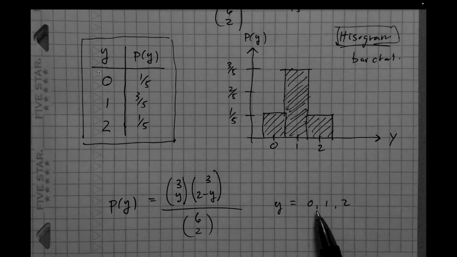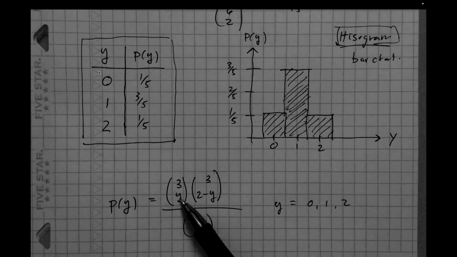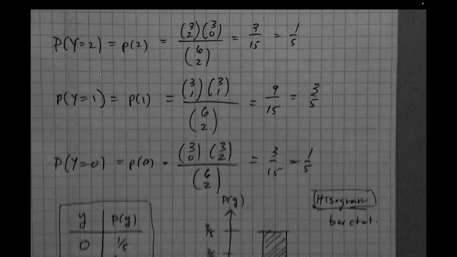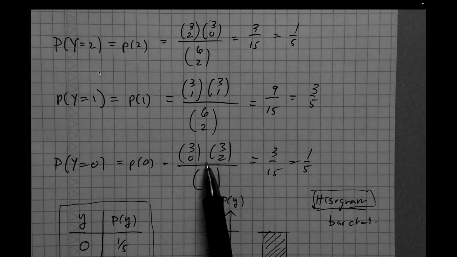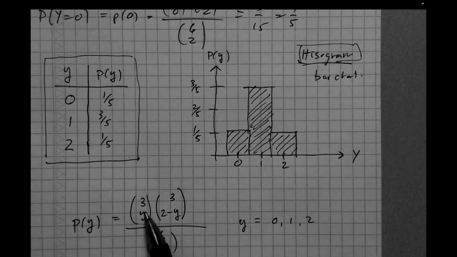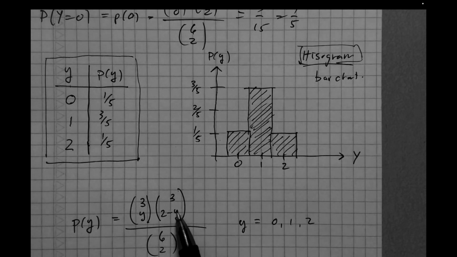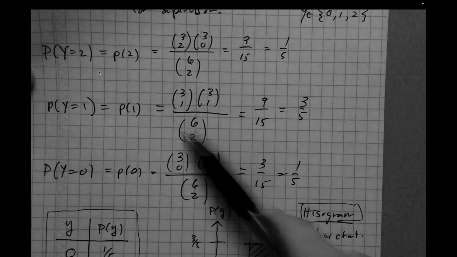Right, so notice if you put in a 0, you get 3 choose 0 times 3 choose 2 divided by 6 choose 2. And that's exactly what we have up here. If you plug in a 1, you get 3 choose 1 times 3 choose 1 over 6 choose 2, which is exactly what we have here.